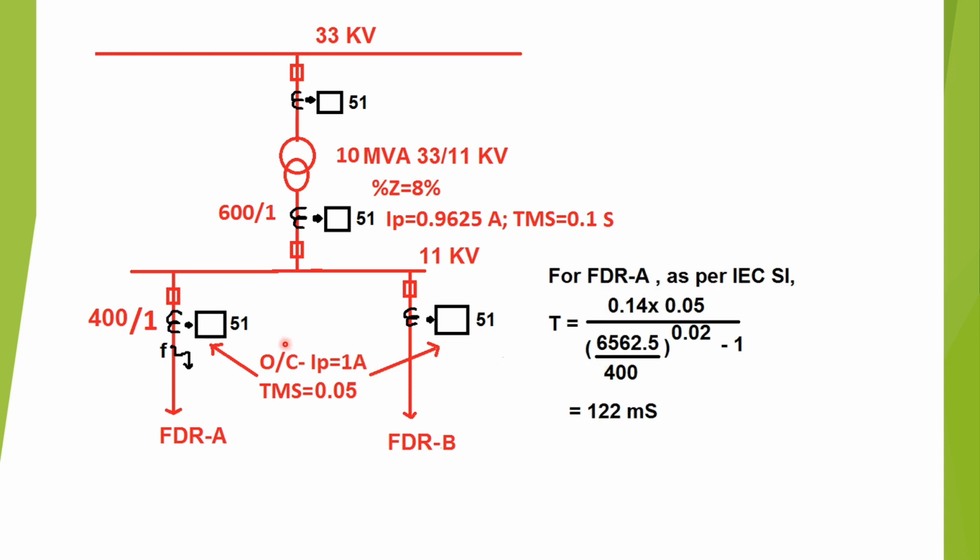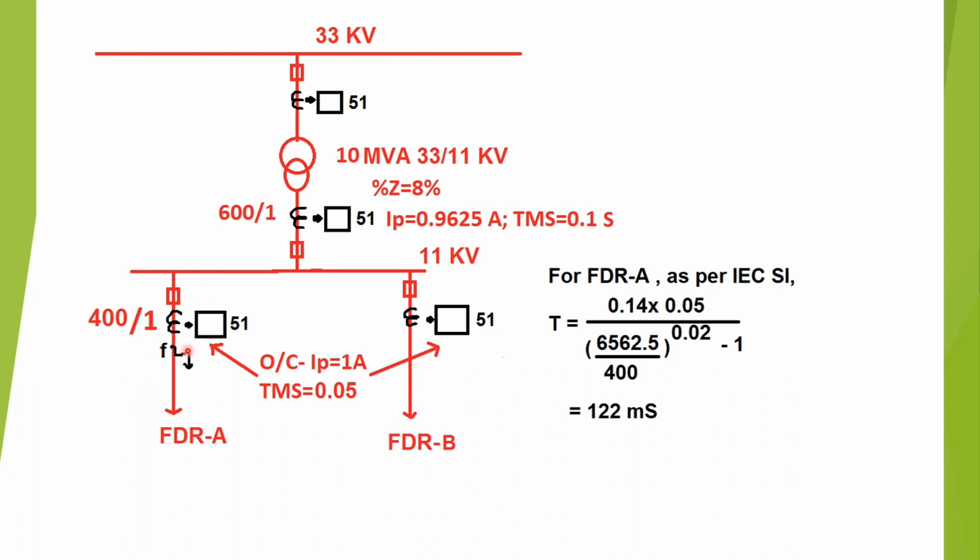Now, as per the setting provided in the overcurrent relay, which is connected from the CT secondary side of feeder A, the setting is given as IP, that is the pickup value, as 1 ampere, and TMS equal to 0.05 second. Let us consider a fault occurs at point F, which is very close to the 11 kV bus.